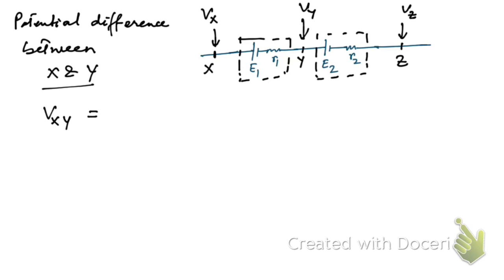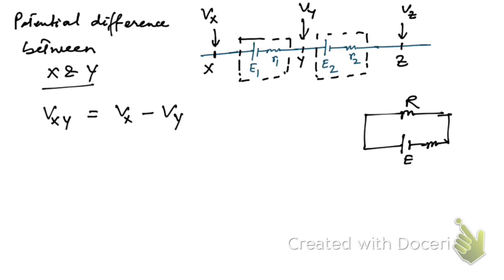That will be given by Vx, the potential at X, minus the potential at Y. As we have already discussed earlier, in the case of a cell with EMF E and internal resistance r connected to a resistance R, we have the relation that the terminal voltage is equal to E minus Ir. We have got this relation.